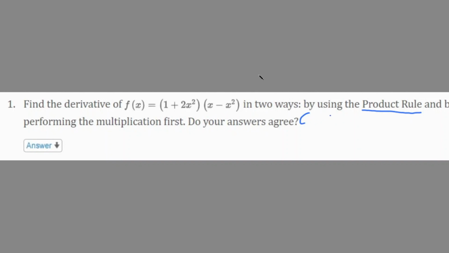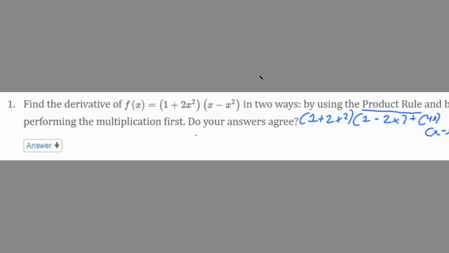So if we do that, it's 1 plus 2x squared times 1 minus 2x, and then we add that to 4x times, draw it down here, x minus x squared.